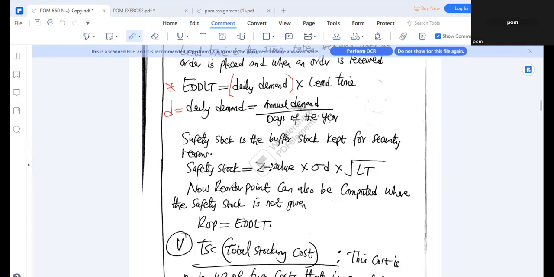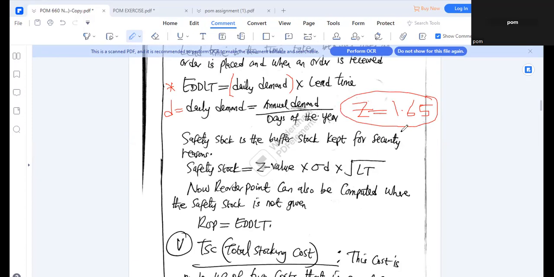So this is the safety stock, and the Z value is usually given. If the Z value is not given, you use the standardized Z of 1.65.